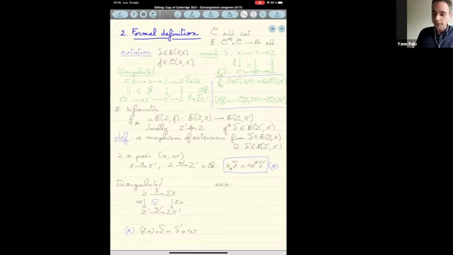Now for exact categories, delta would be represented by a short exact sequence X, Y, Z, and delta prime by X prime, Y prime, Z prime.